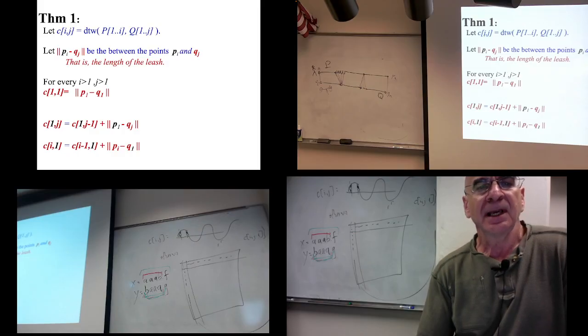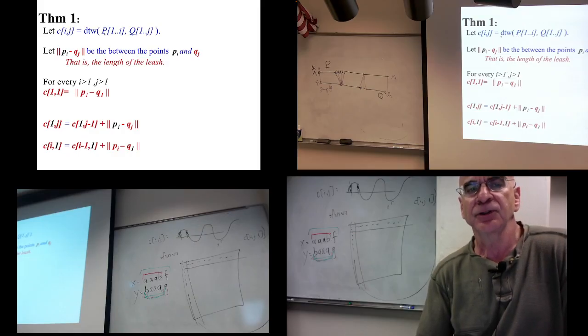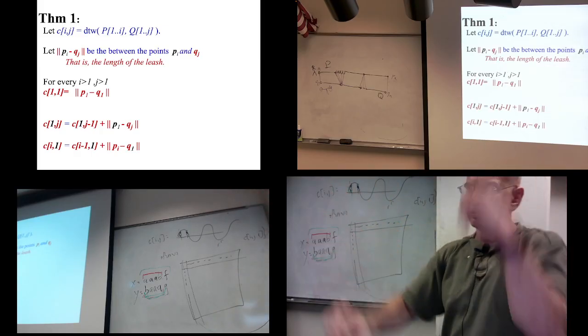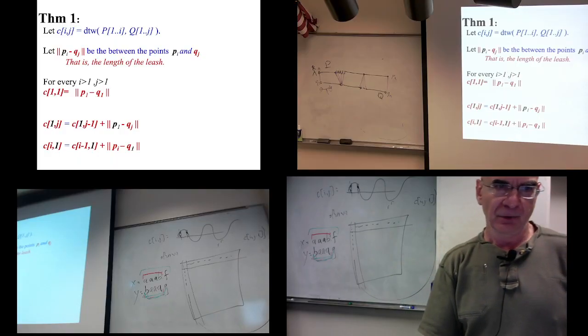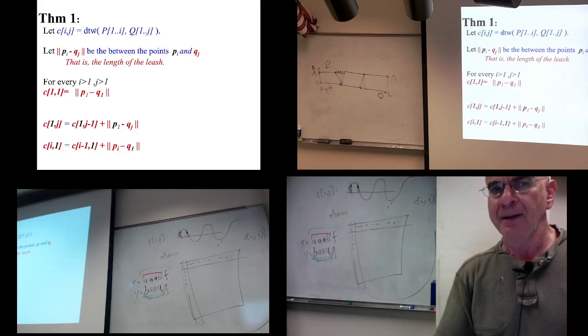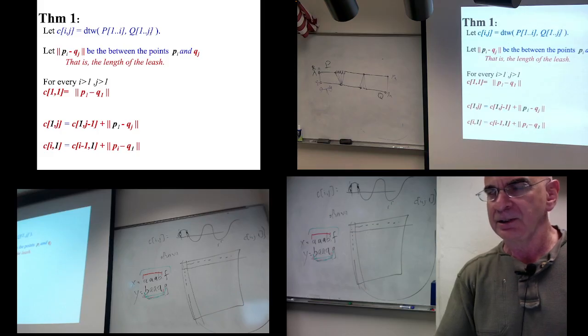I'll denote by Cij the cost of the dynamic time warping. Time warping, because I can make the time shorter or longer on one path corresponding to the other. So I'll assume that Cij is the optimum sum of lengths of the leashes under the optimum schedule, where we both start at P1, Q1, the dog and man start at P1, Q1, but we end only at vertices Pi and Qj.